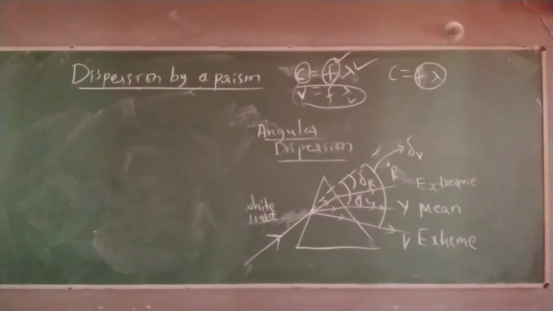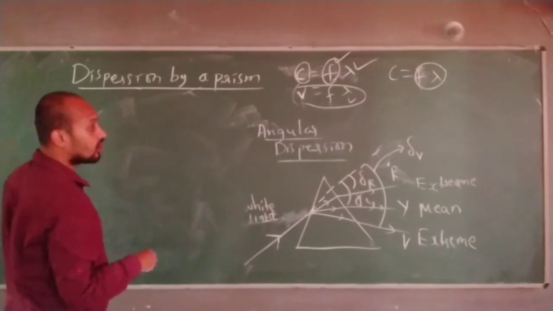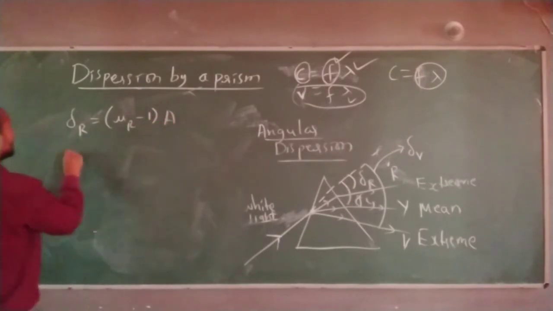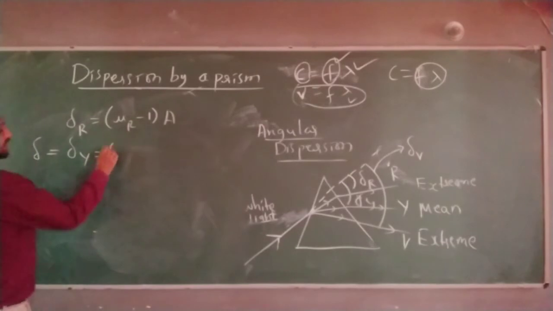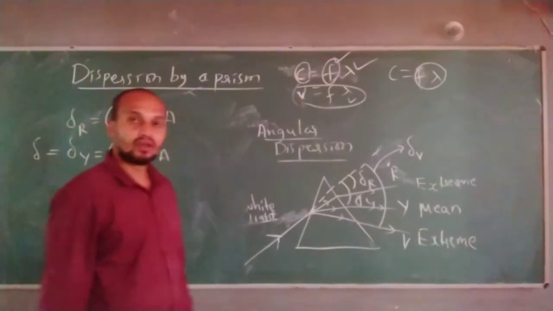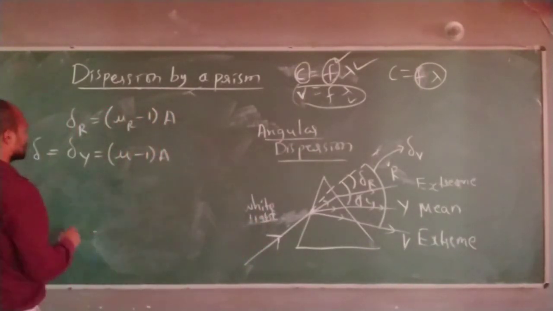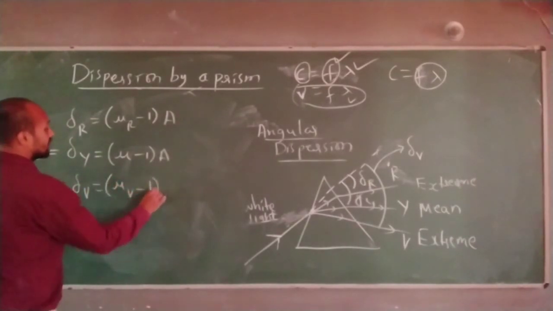So I can write, δR is equal to (μR minus 1) into A. δY, which I call δ, I can write as (μ minus 1) into A. I want to find the deviation of white light, so I will take the yellow light as the mean deviation. Correct now? δV I will write as (μV minus 1) into A.